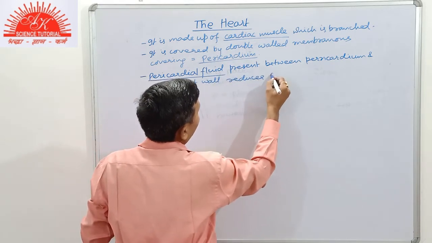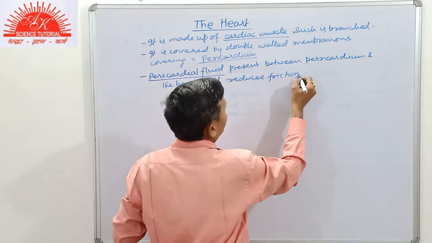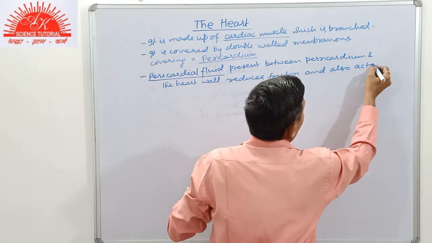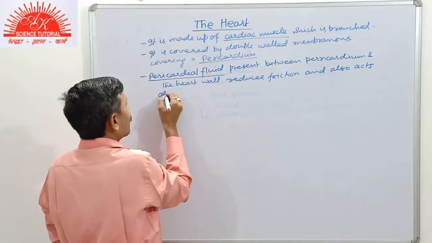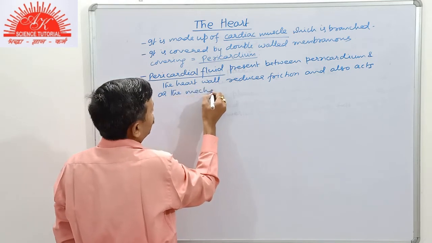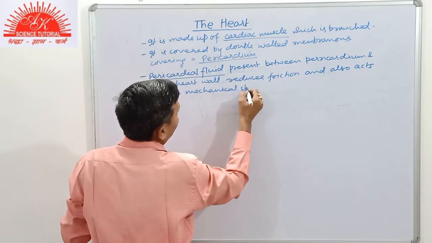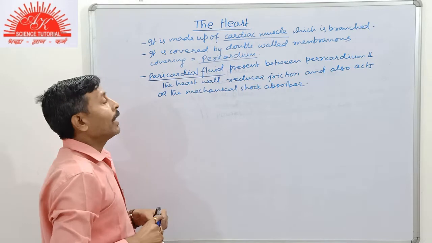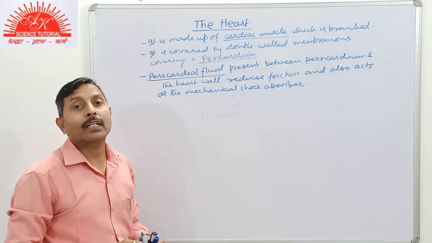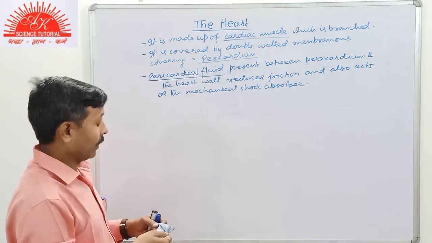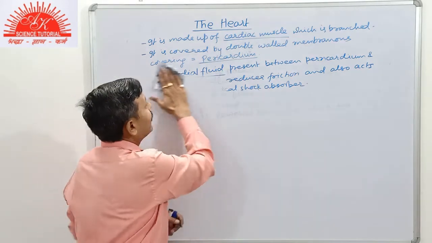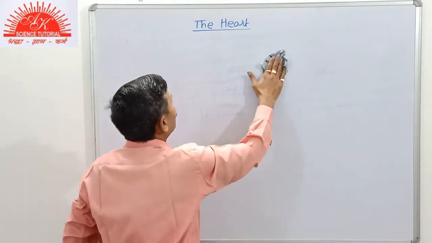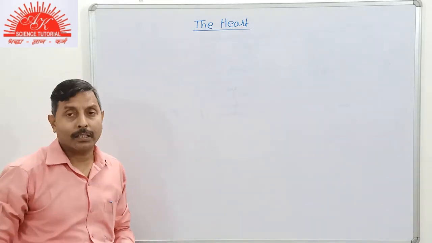It reduces friction and also acts as a mechanical shock absorber for the heart. It also prevents the heart from external injury and external jerk, by reducing the effect of the jerk on its wall. So this was about the composition of the heart.